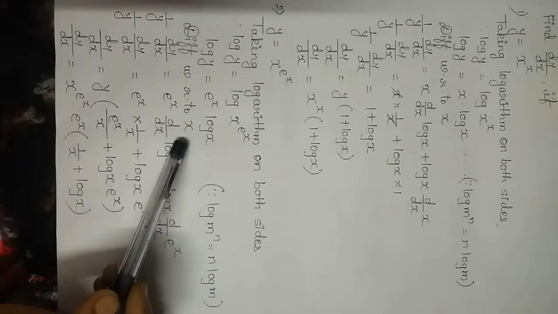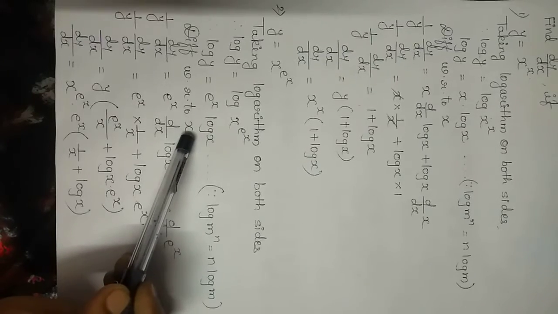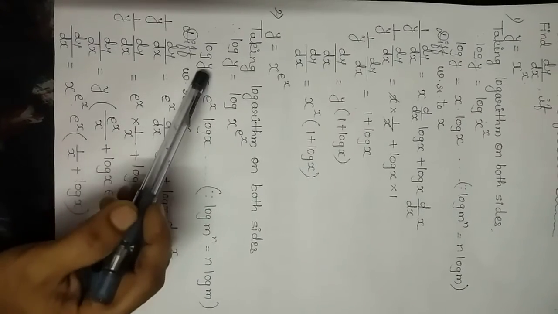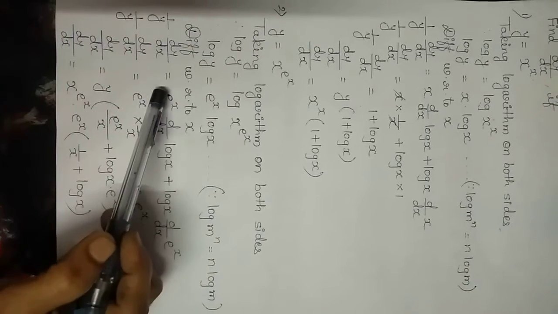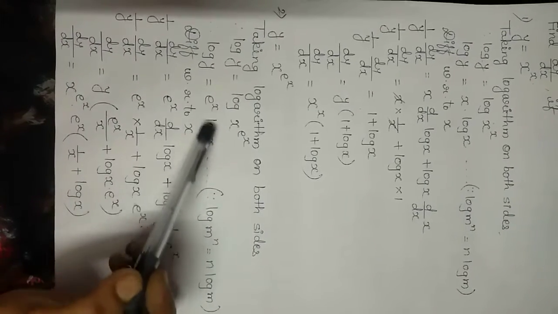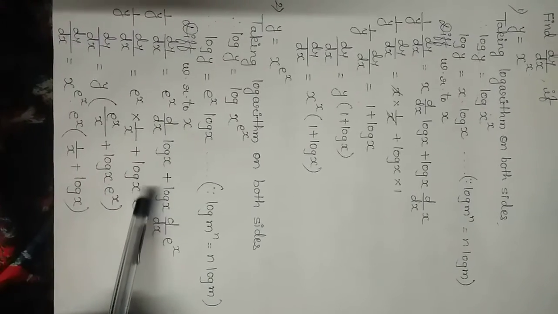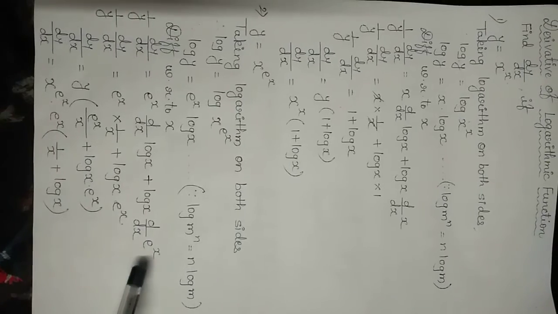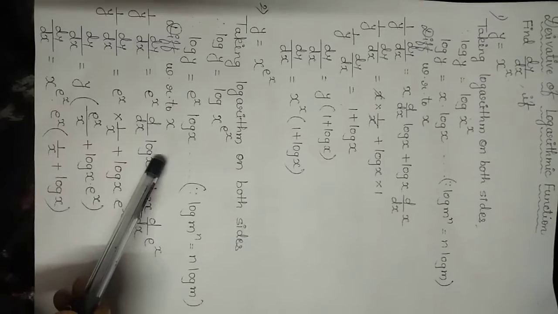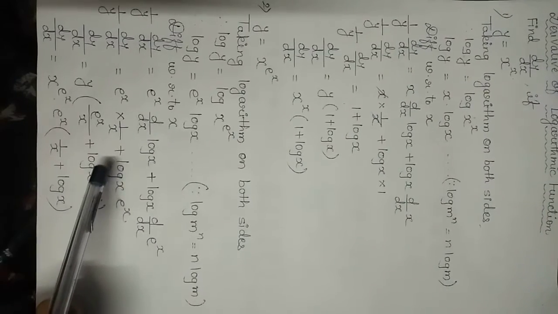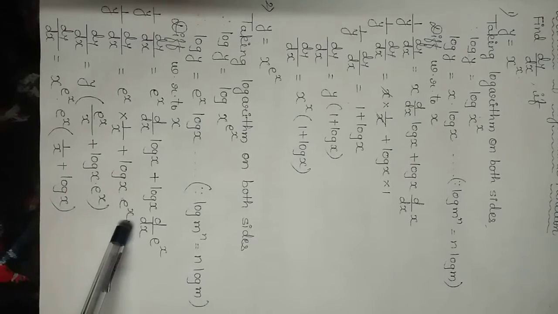Differentiating with respect to x. Now again as we are differentiating with respect to x, the derivative of log y will be 1 upon y into dy by dx. So that is equal to, applying u into v rule, e raised to x into derivative of log x plus log x into derivative of e raised to x. Keeping this e raised to x as it is, derivative of log x is 1 upon x, plus log x as it is, derivative of e raised to x is e raised to x.